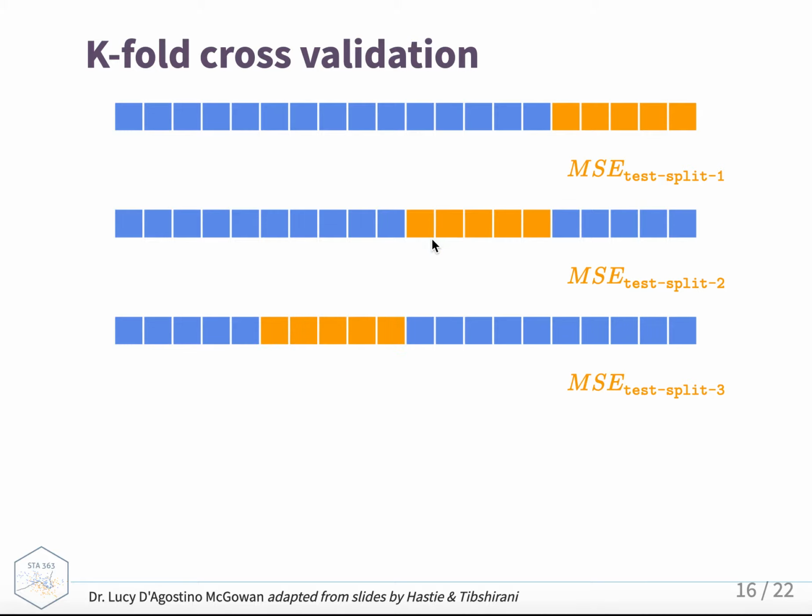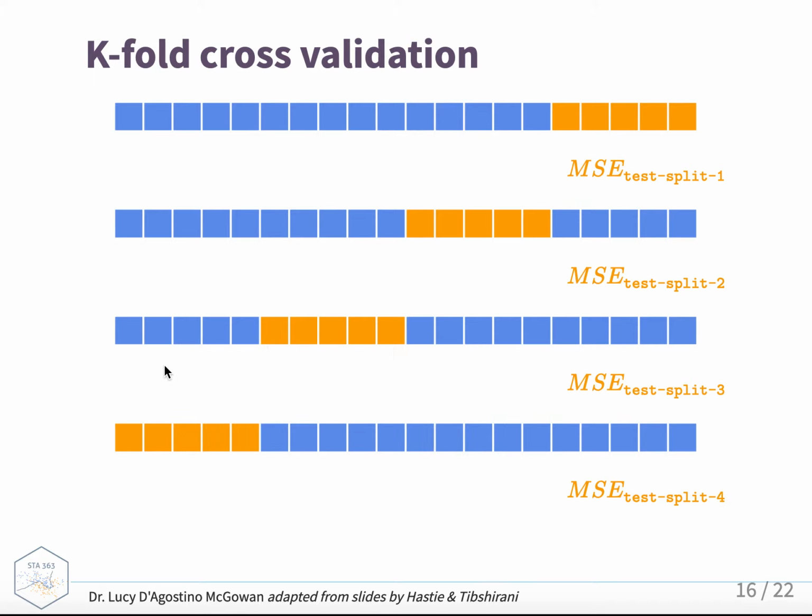And then I do the same thing again, only this time I fit my model to this training data, these blue points, the 10 over here and the 5 over here, and I calculate my mean squared error using just these 5 left out pieces. And then finally, I use my kth set here. I fit it to these 15 blue points, and I test my model using these 5 here.